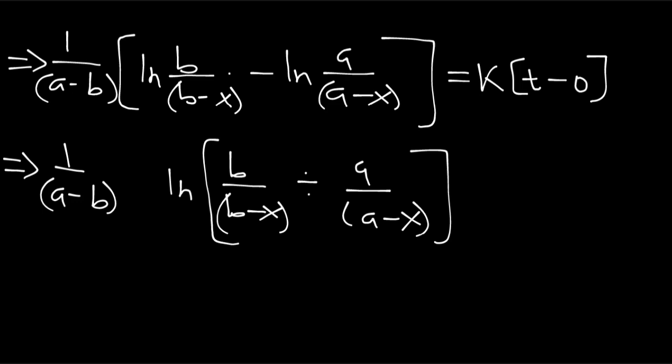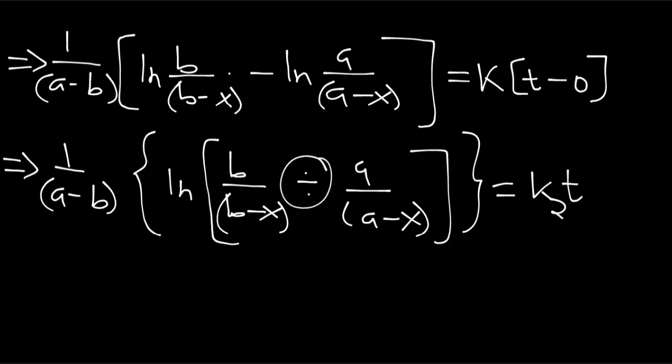I think I could redraw this. So let's make this to be this. So this will be T minus 0, which gives us T. Now I will represent the K in this case as K sub 2, just to show that we're dealing with the specific rate constant for a second order reaction. So we know that this could change to a multiplication, and that would cause a reciprocation of this fraction, right?